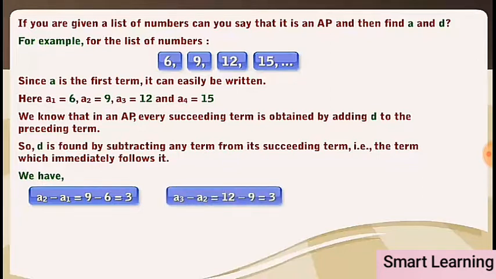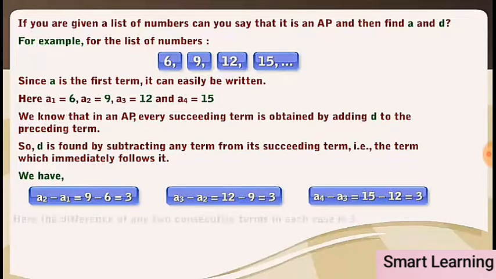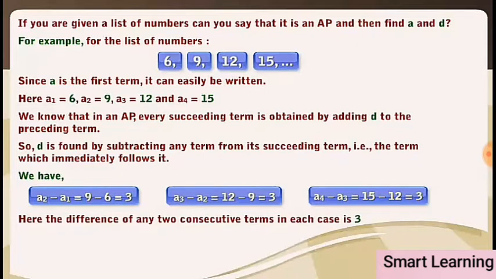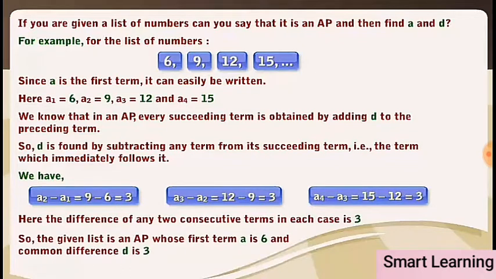A3 minus A2 is equal to 12 minus 9 is equal to 3. A4 minus A3 is equal to 15 minus 12 is equal to 3. Here, the difference of any two consecutive terms in each case is 3. So, the given list is an AP whose first term A is 6 and the common difference D is 3.